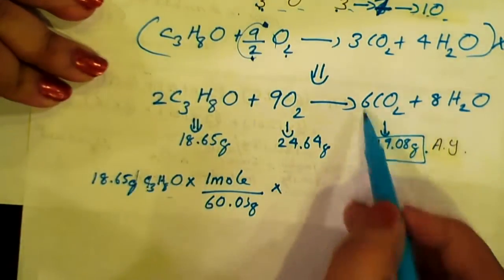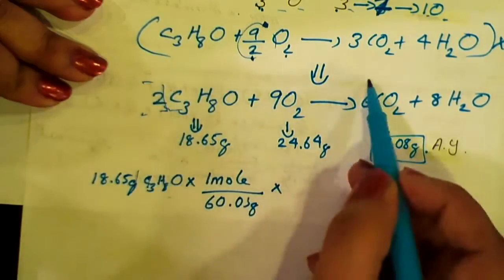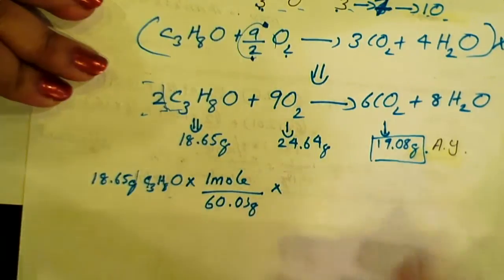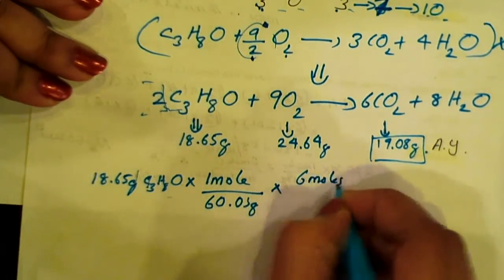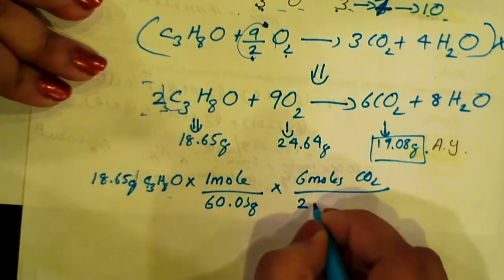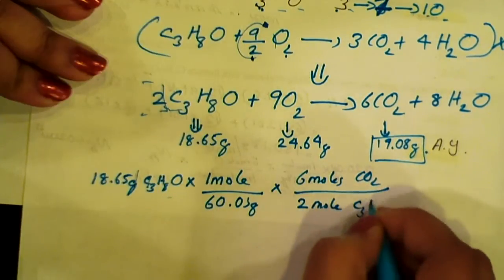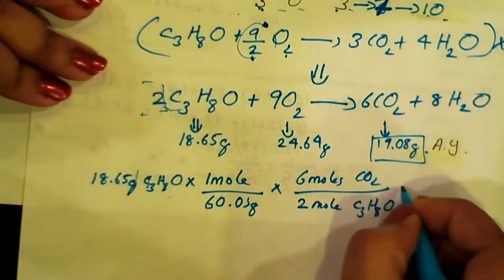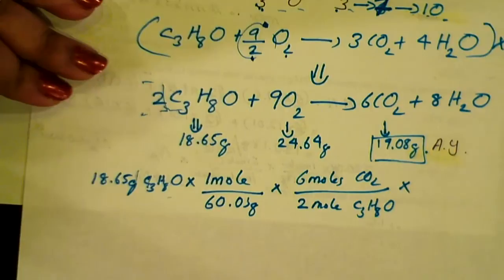So C3H8O, its molecular mass is 60.03 grams times, when you convert the moles of one compound to the another, you have to use the coefficient as the conversion. So you need the moles of CO2 at the end.